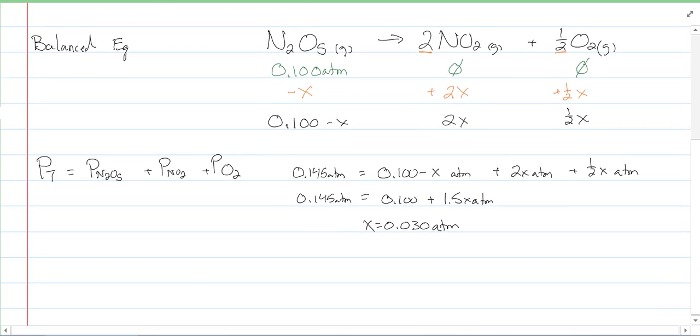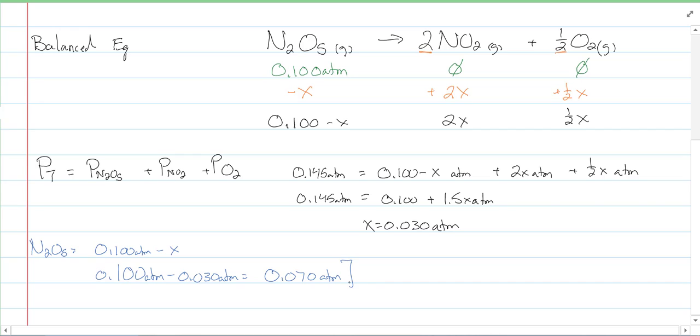So now, the reason we had to do that is because for N2O5 here, we have 0.100 atmospheres minus x, or 0.100 atmospheres minus 0.030 atmospheres, which would be 0.07.